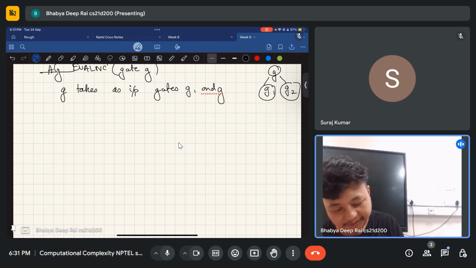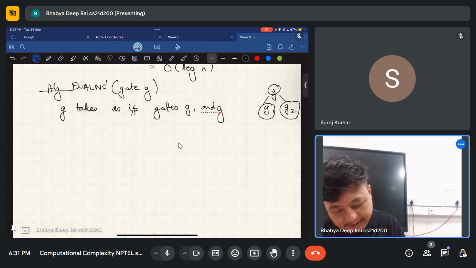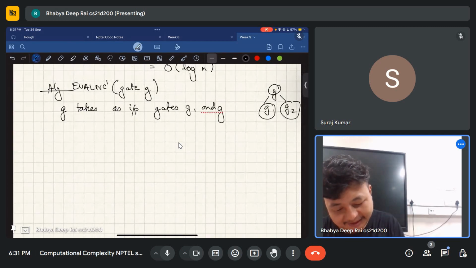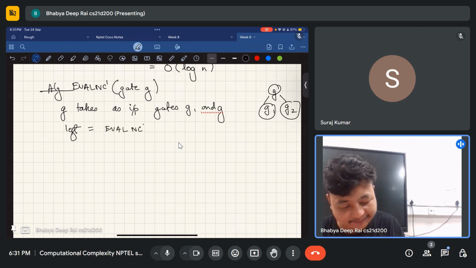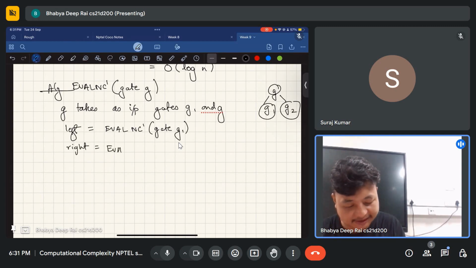Now what do I do? left is equal to eval nc1 of gate g1, and right is equal to eval nc1 of gate g2.